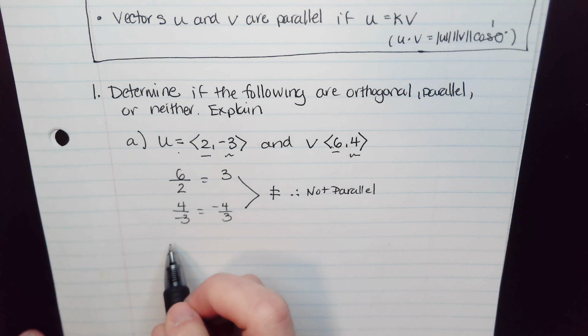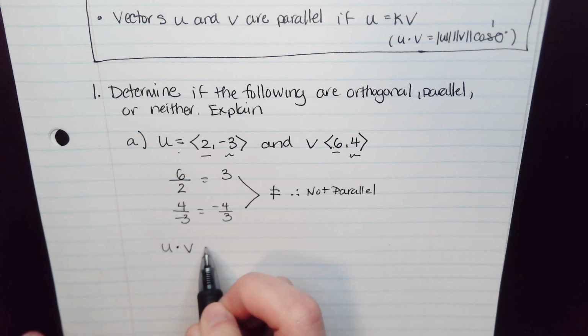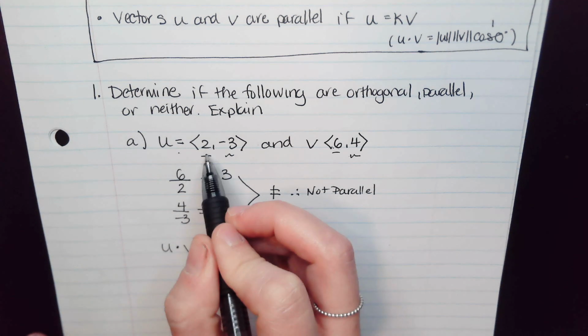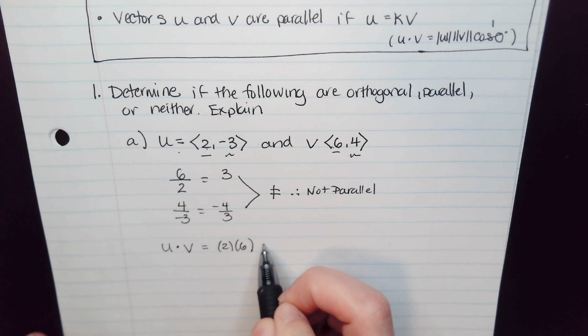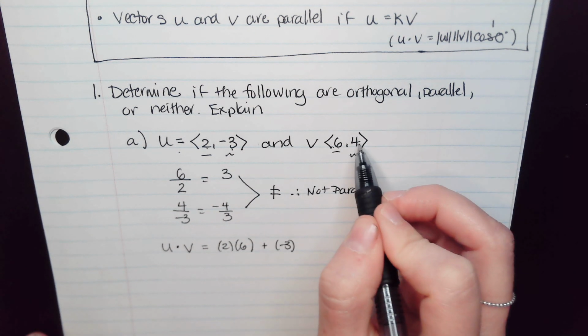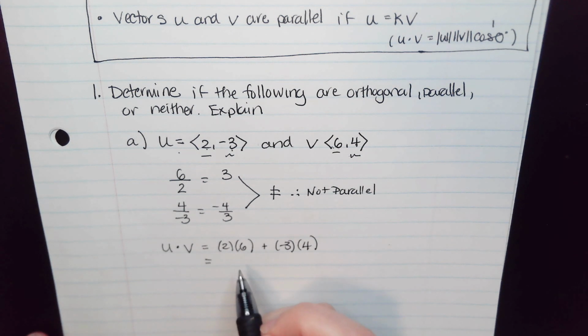So now let's check to see if they're orthogonal. I'm going to find the dot product of u and v. Remember, to find your dot product, you take 2, which I got from right here, times 6, plus negative 3 times 4. And a dot product will give you a scalar quantity.